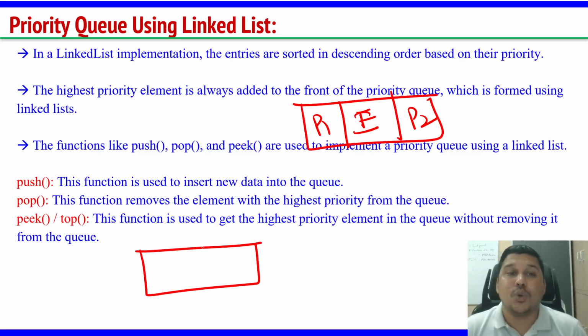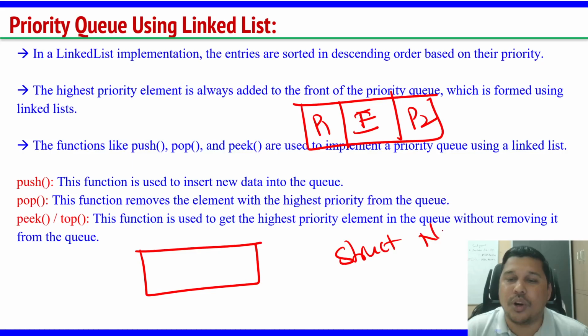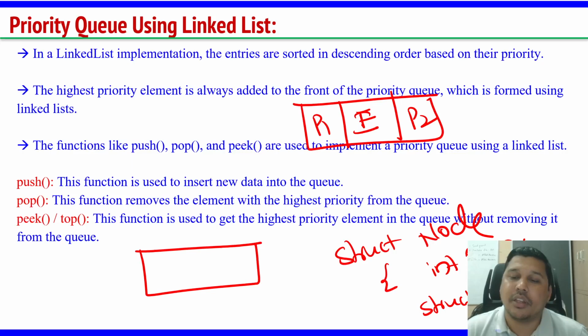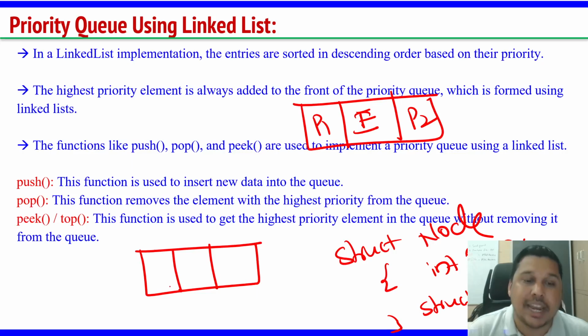In a single linked list, you define your structure like this: struct node, let there be int item as well as priority, and then struct node star next. So in a single linked list you have three fields: this is the element, this is the priority, this is the address of the next element.